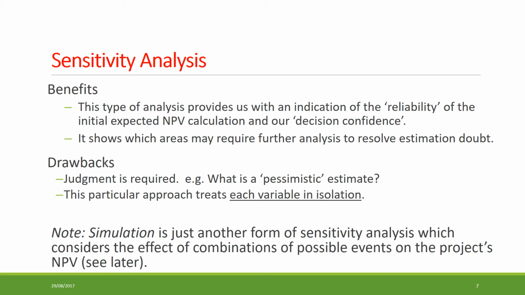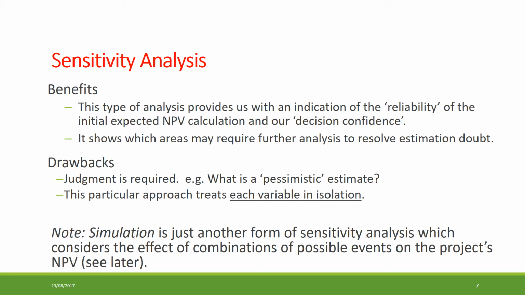Okay. The drawback here is that with the sensitivity analysis, you can only change one variable at a time. You have to keep the other variables the same and change just one variable. So the effect that you see on the change in NPV is accounted for by only one variable.